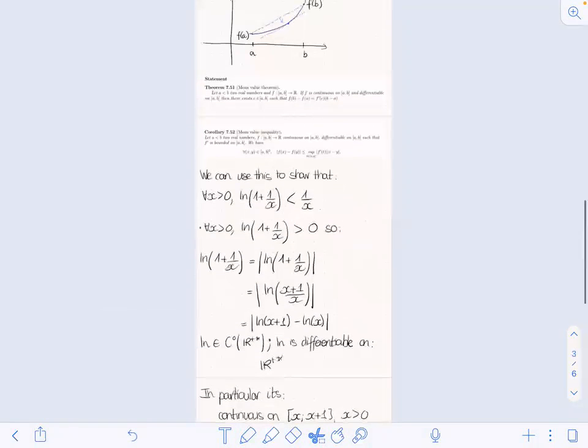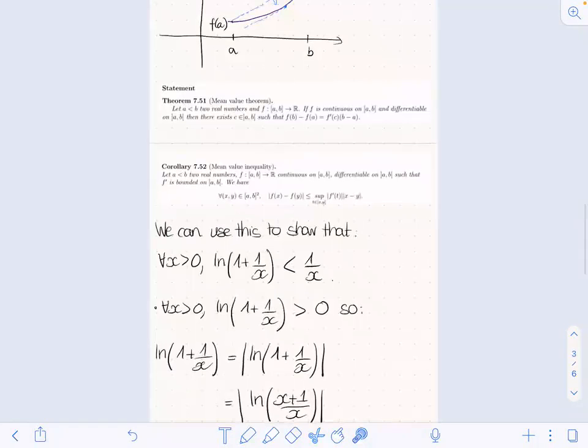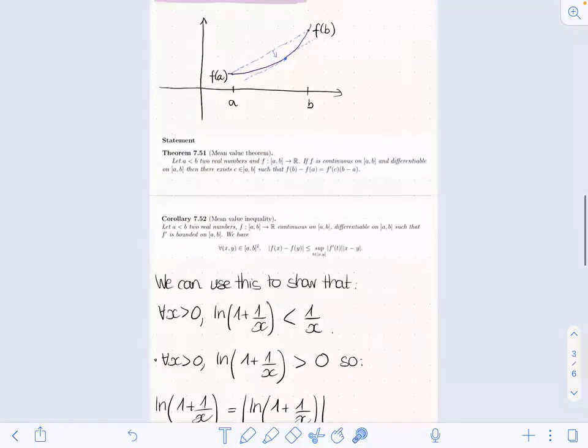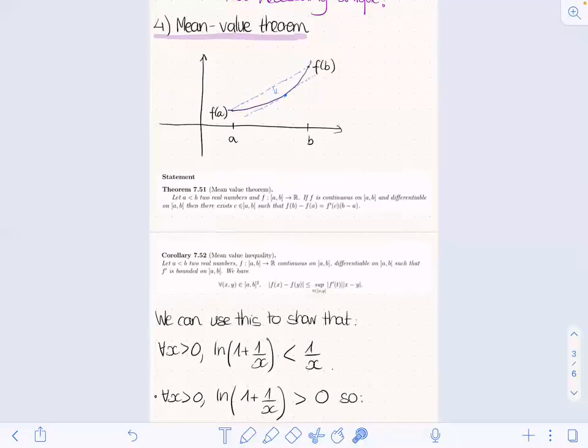The reason why is, if you come back here, the mean value inequality is a consequence of the mean value theorem. If you take a look at the mean value theorem, the point at which this property holds, the fact that f prime of c times b minus a is equal to f of b minus f of a, is not at one of the bounds of the intervals.